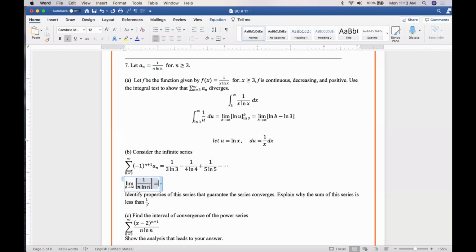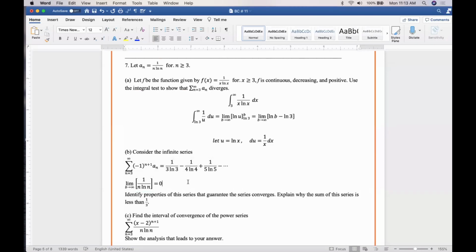When you put infinity for n, what would that be? 0. And that's the first requirement, isn't it? Now, if you follow the terms of this sequence, it's 1/3 ln of 3, 1/4 ln of 4, 1/5 ln of 5. That means it is decreasing. It's obvious to me that the denominator is getting bigger, which means the value of the fraction is getting smaller.